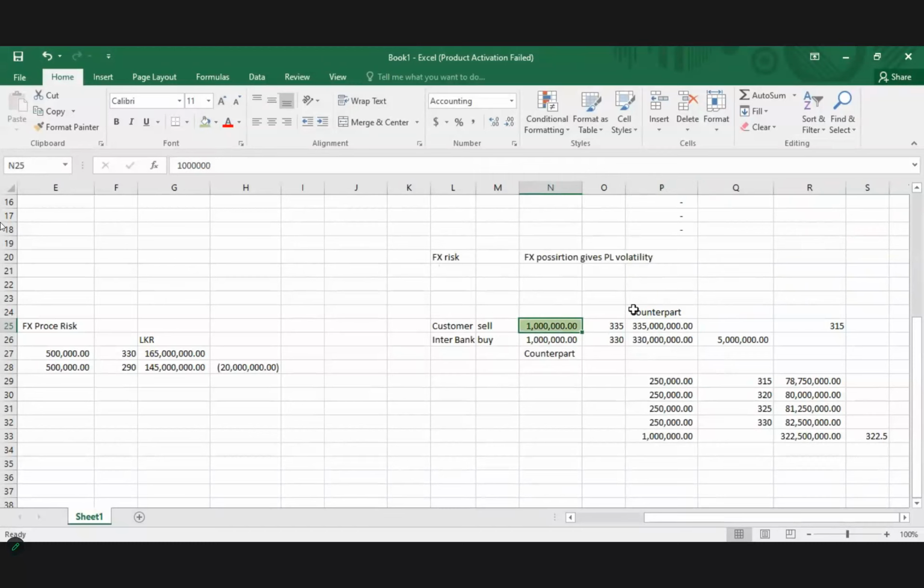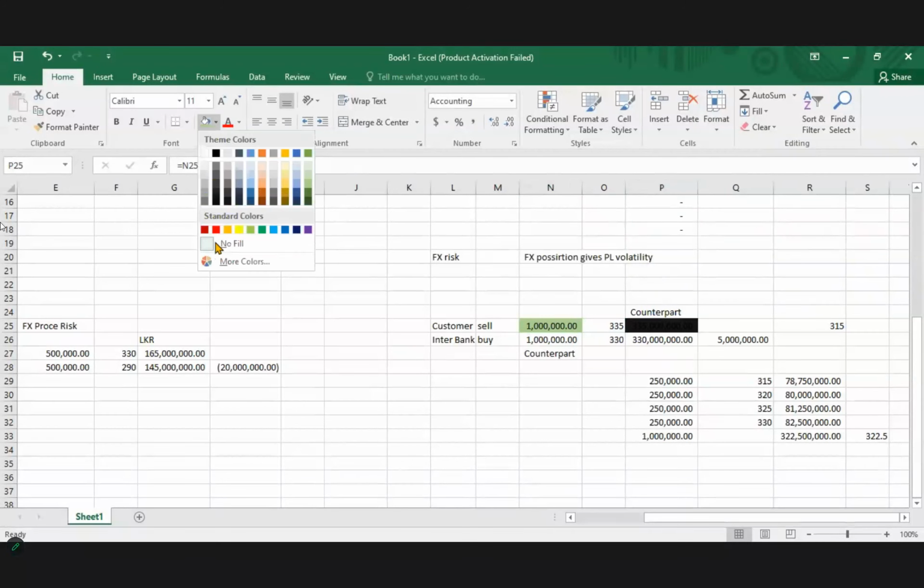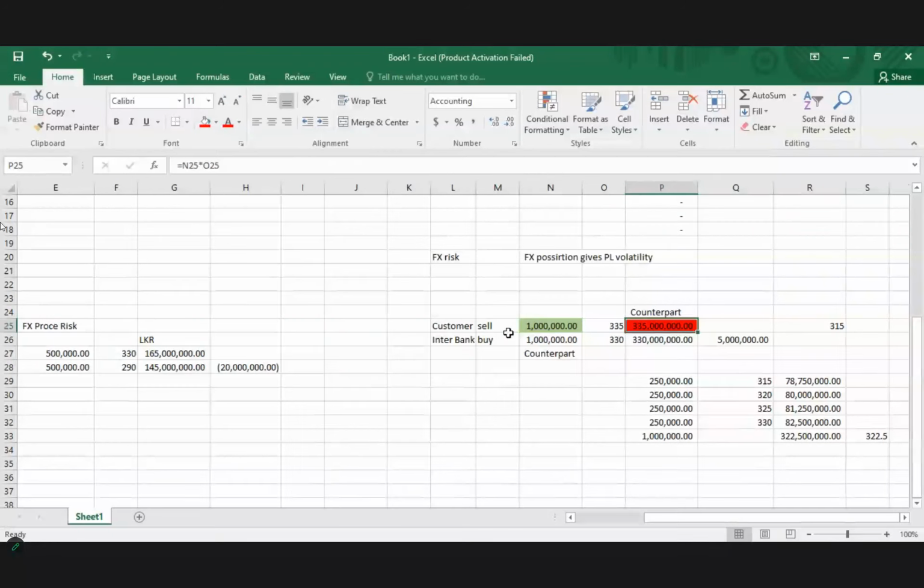Now, what if I basically do this? I sell dollars. The counterparty doesn't give me. Now, it doesn't happen that much in customer transactions because when a customer wants to buy $1 million from me, the customer usually funds his rupee account well in advance, 335. So this situation doesn't arise that much.